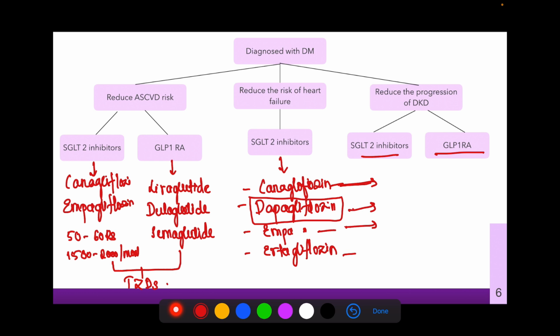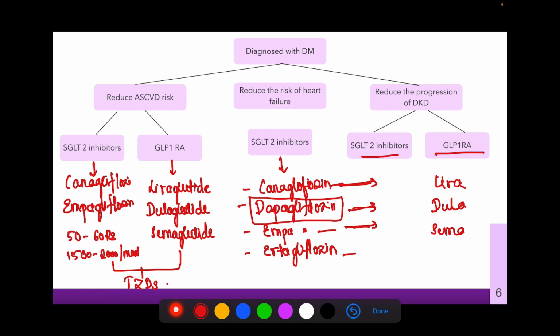You can use these three. And GLP-1 analogs, same: liraglutide, dulaglutide and semaglutide. Okay, ASCVD: SGLT2 inhibitors, GLP-1 analogs. SGLT2: canagliflozin, empagliflozin, and GLP-1: liraglutide, dulaglutide, semaglutide.